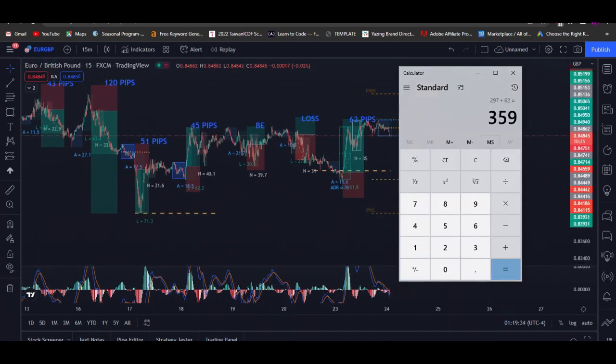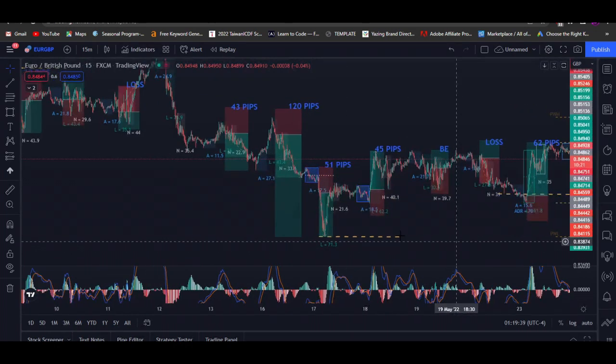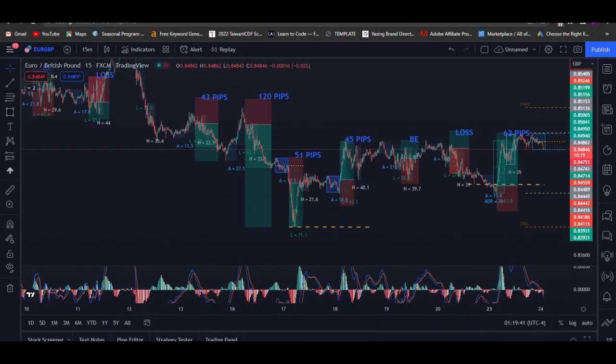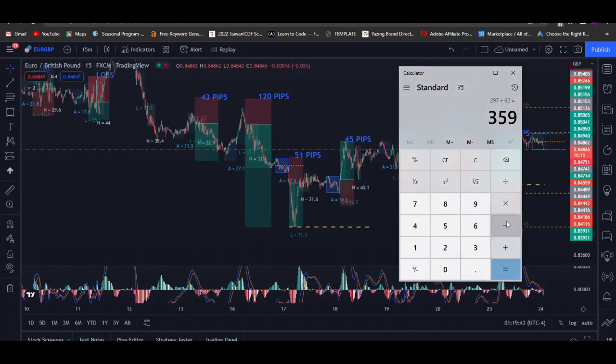So we have 359 pips. And we have 2 losses right here, which comes up to 60 pips. 60 pips loss. So we subtract 60 from 359, and we get 299 pips profit.